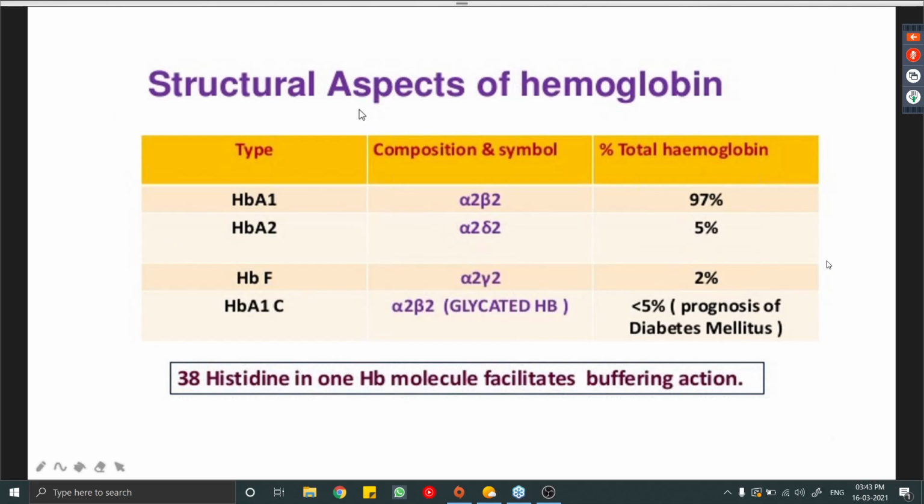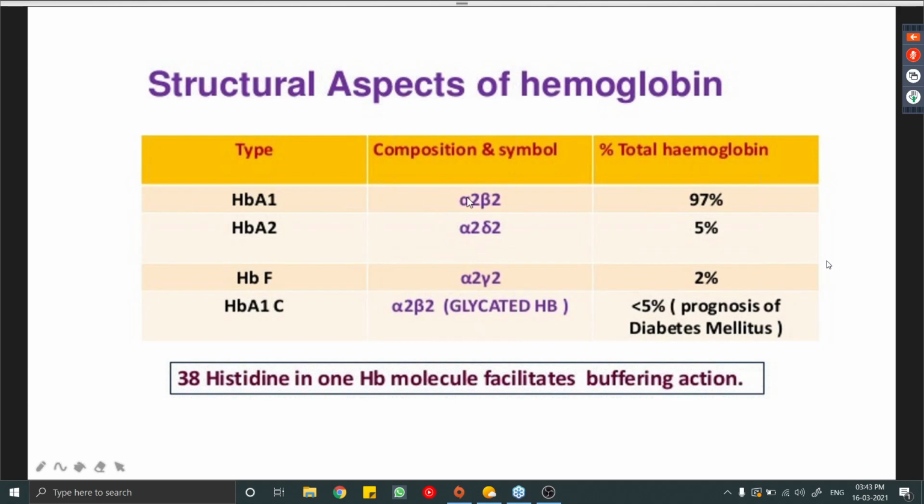So now comes various structural aspects of hemoglobin. There are various types of hemoglobin: HbA1, HbA2, HbF, and HbA1c, which is the glycated one I have just discussed.